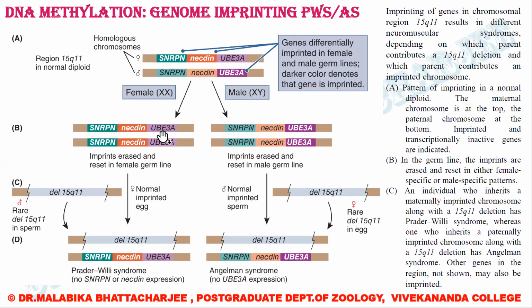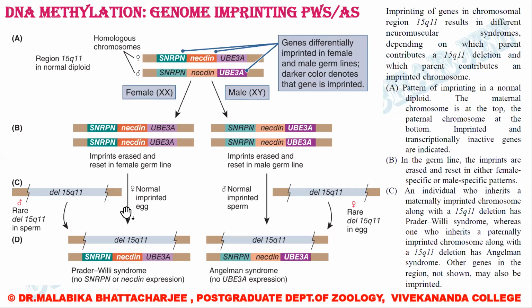When we get a female, in the female the imprints are established, so only UBE3A is active. The other two are inactive. In the case of male, only UBE3A is inactive, the other two are active. Right, so this is the condition for a normal male or a normal female.